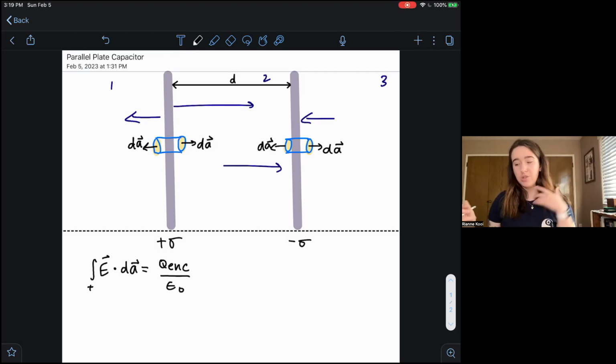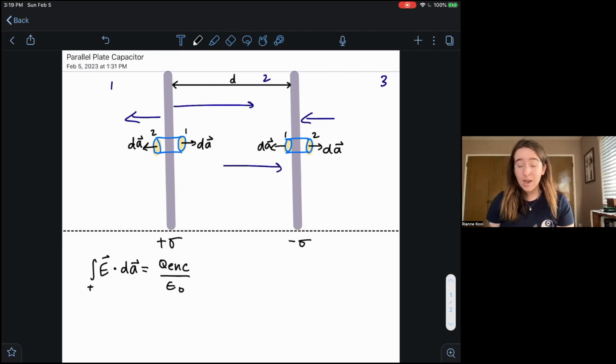So let's now look at the first region. Let's call this region 1 and 2. Now we're going to do exactly what we did last time. We already know that the electric field is going to have a contribution from these two circles that have the same direction of charge.